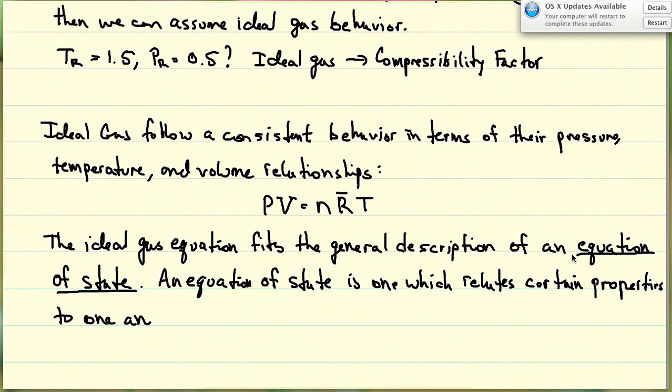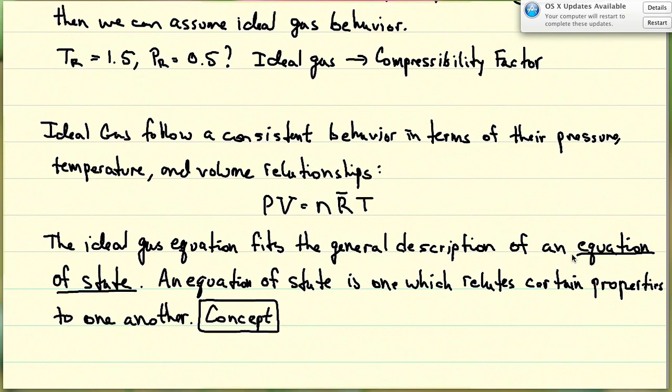So the ideal gas equation of state relates pressure, volume, and temperature to each other, right? Okay, so now the equation of state, that's an important concept, okay? So hint, hint, hint. You want to know what the definition of the equation of state is come Thursday, okay?